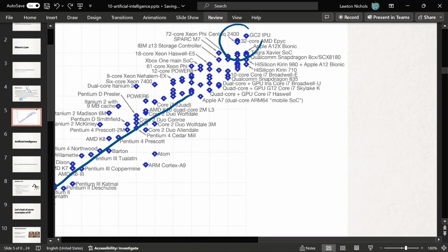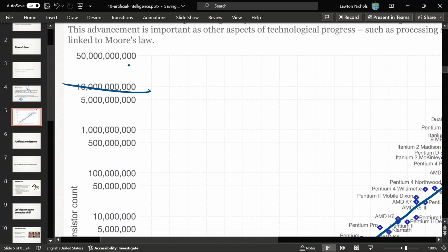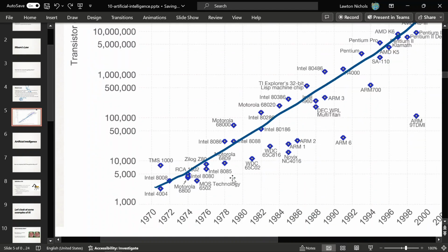In modern day stuff, you can stick 32 cores inside of a processor, inside of some server somewhere. 72 core processors. I should probably update this, but we're at the order of a few billion, 50-ish billion transistors these days per large server chip.